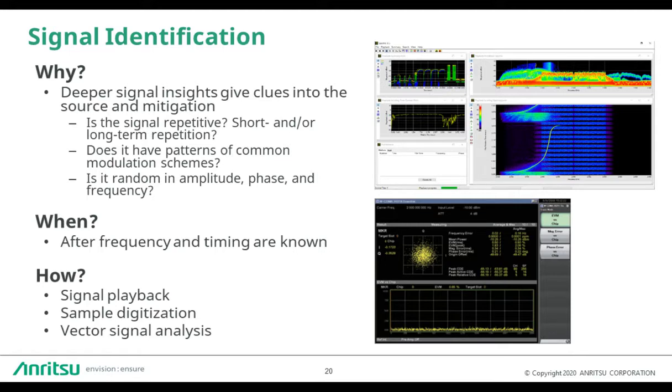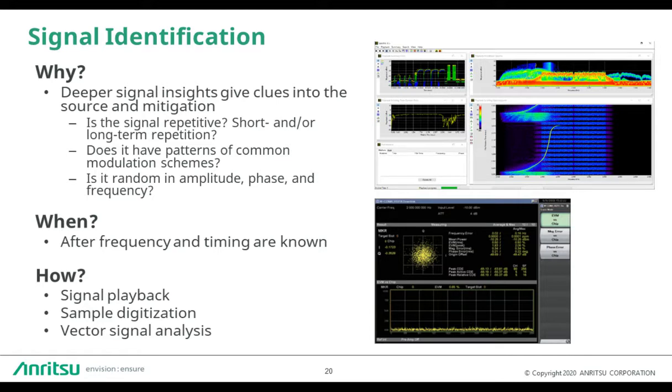Those are things that typically you're not going to learn just from looking at the spectrum sweeps, the traces from a spectrum analyzer. This is where you capture that IQ data and go deeper, or you take the playback that you have of the signal and slow it way down and see the nuances of the signal and what it might look like at a more granular resolution in time. So that's where signal identification can be extremely important.